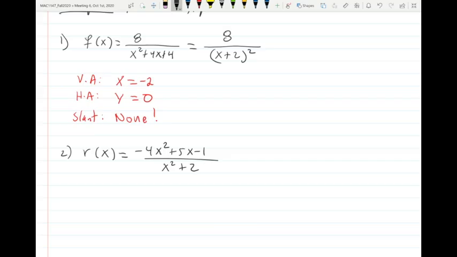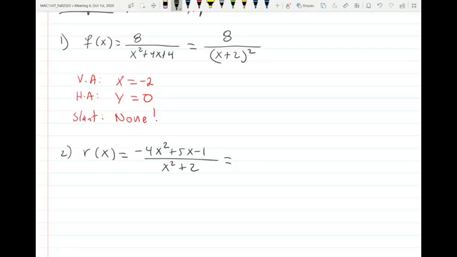At least, can we do this in an easy way? So b squared is 25. So we need two numbers whose product is 4 and whose sum is 5. Okay, so it will be 4 and 1, right? So we should be able to factor this easily.